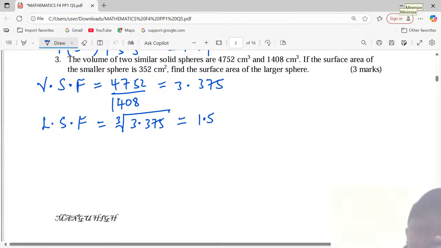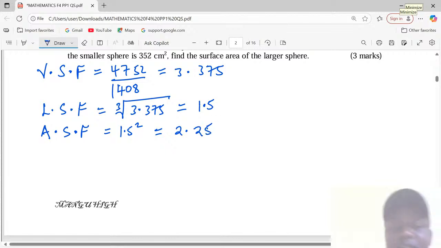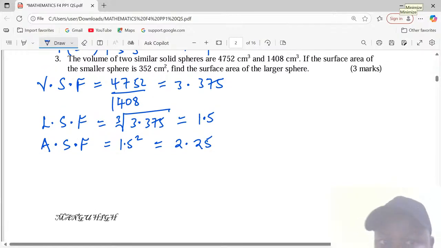So now we can proceed to area scale factor, whereby we know that with the linear scale factor, to get the area scale factor, you just square. So 1.5 squared gives us 2.25. This is the area scale factor. If this is the area scale factor, we are supposed to talk about the relation between these two areas.